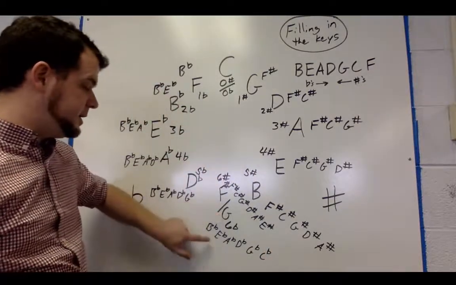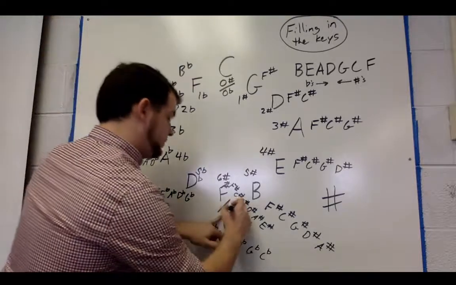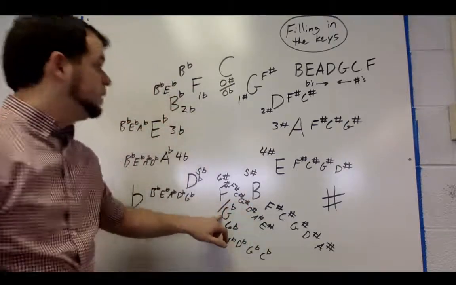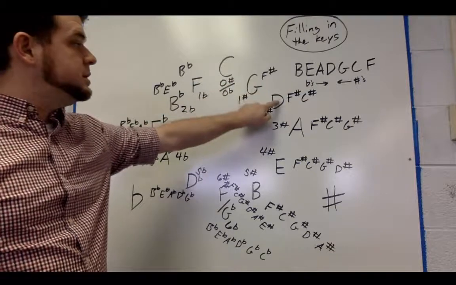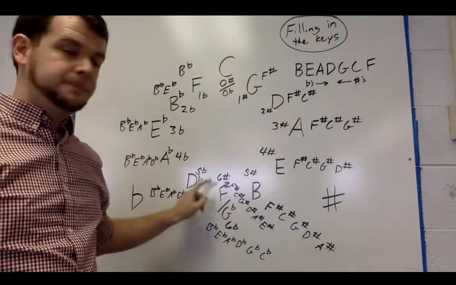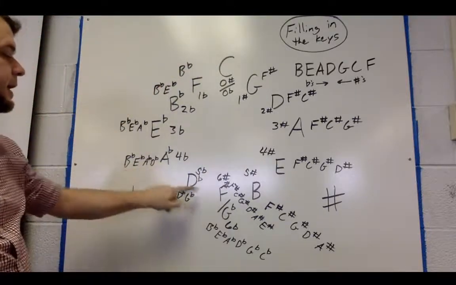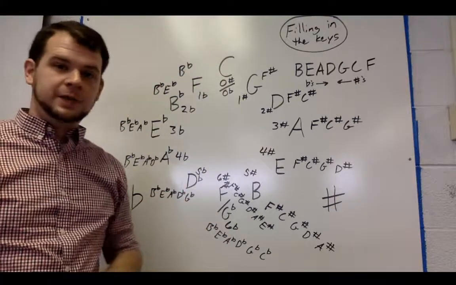Once again, the key has a G flat, so we have to call this G flat. So we have C, G, D, A, E, B, and F sharp on the sharp side. We have F, B flat, E flat, A flat, D flat, and G flat on the flat side.